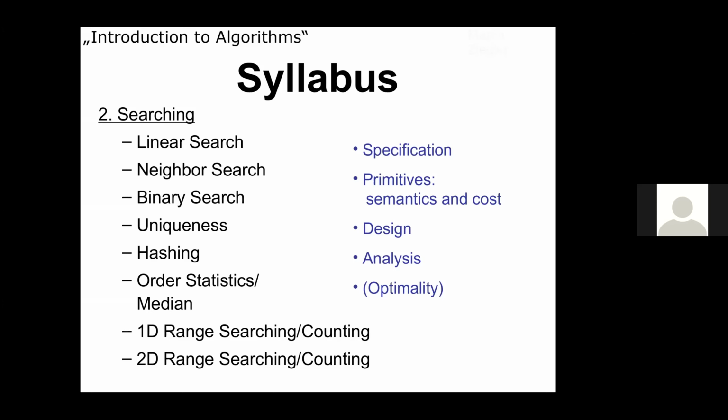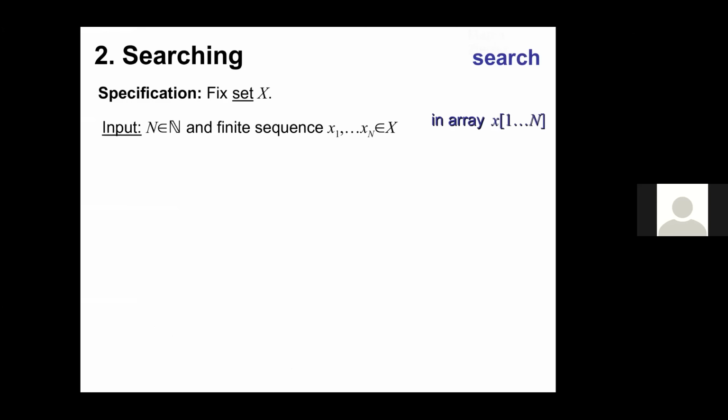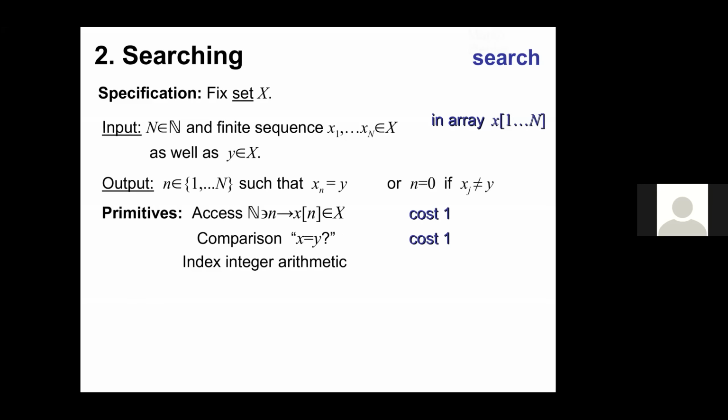And in certain cases, we can prove that the algorithm is optimal. Then we were talking about the basic search, which was to find an element in an array without any conditions. We said that the algorithm is simply that you have to go through the array from one end to the other and test whether the element is there.